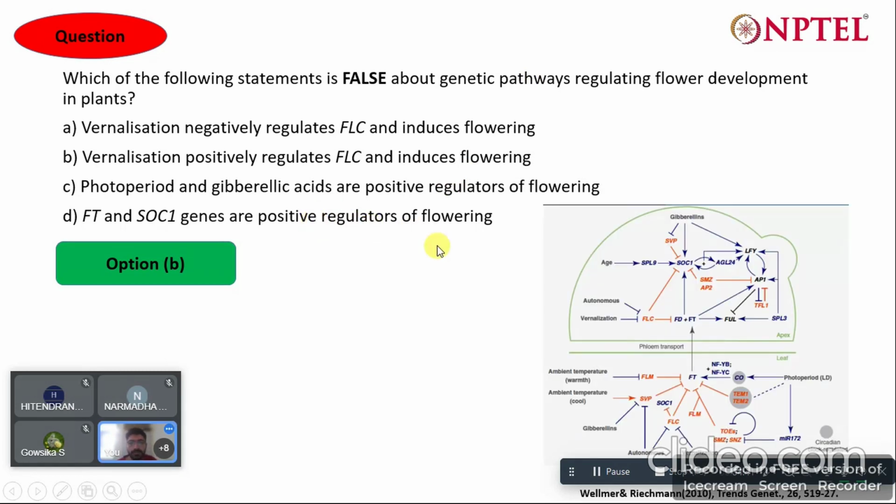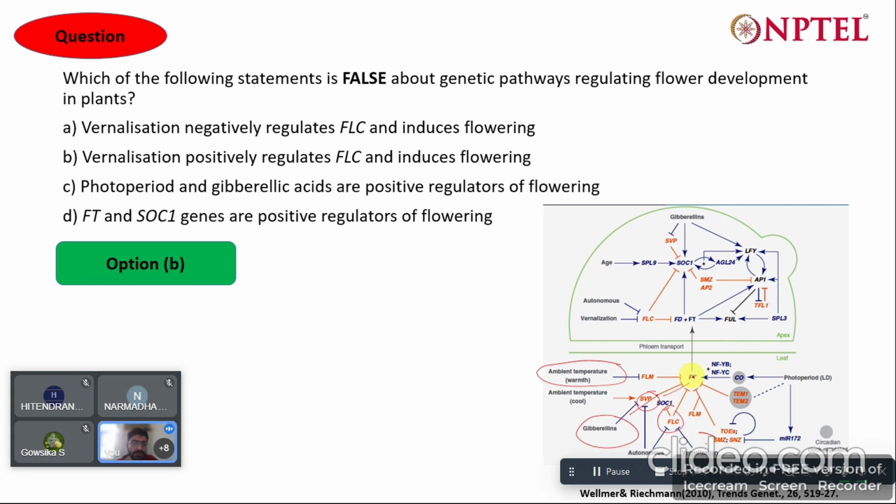As we studied just now, vernalization is a negative regulator of FLC, and gibberellins are also negative regulators of SVP, which inhibits FT. From this, we see that vernalization is a negative regulator of FLC that helps in inducing flowering.